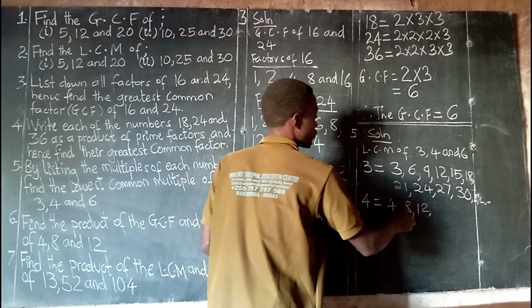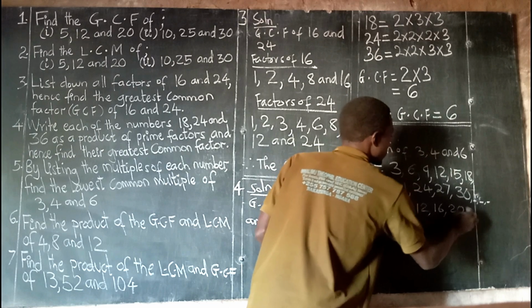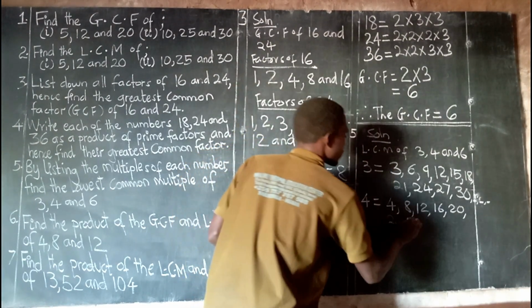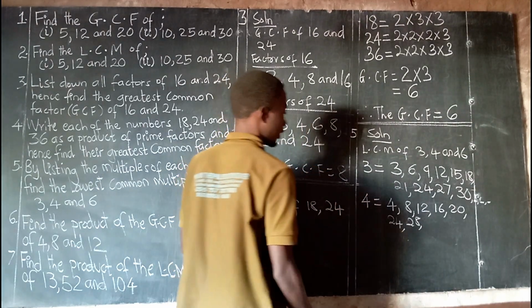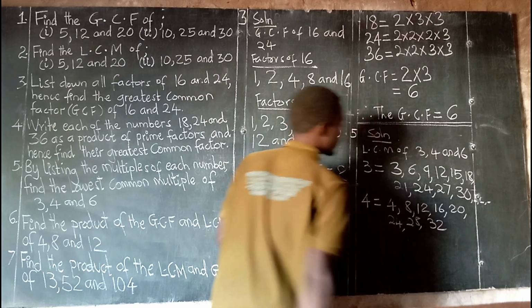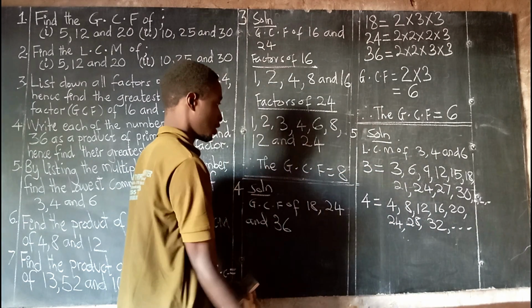It means that 8 plus 4, 12 plus 4, 16, 16 plus 4, 20, 20 plus 4, 24, 24 plus 4, 28, 28 plus 4, we get 32.